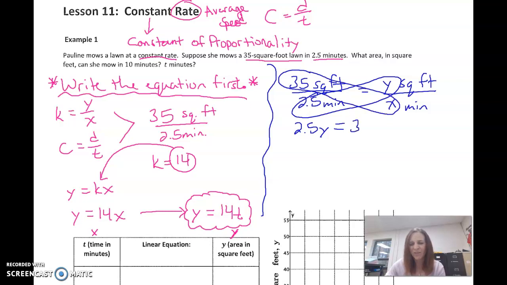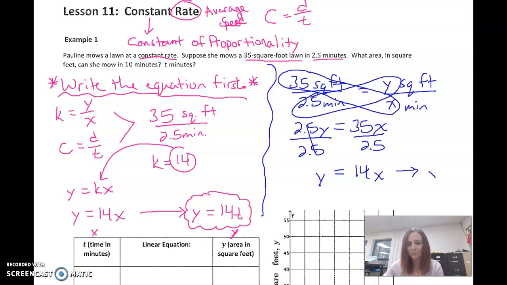Could have made it a t, but I'll do that at the end. Always solve for y, so I'm going to divide both sides by 2.5. And we get y equals 35 divided by 2.5, and when you type that correctly into a calculator, you get 14x. Again, we're going to replace x with t. So either way we do it, we get the same answer.